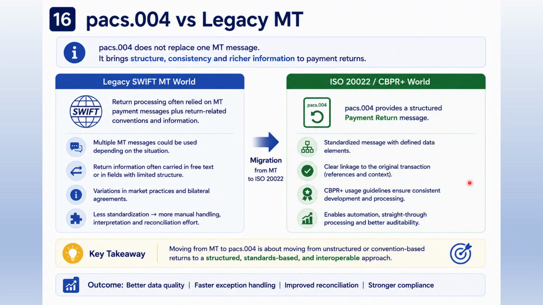This is important because pacs.004 should not be viewed as a simplistic one-to-one replacement for one MT message. The real improvement is the move toward structured data, clear original transaction references, better automation, better reconciliation, and more consistent processing. So the migration is not only about changing the message format. It is about improving the quality and structure of payment return information.